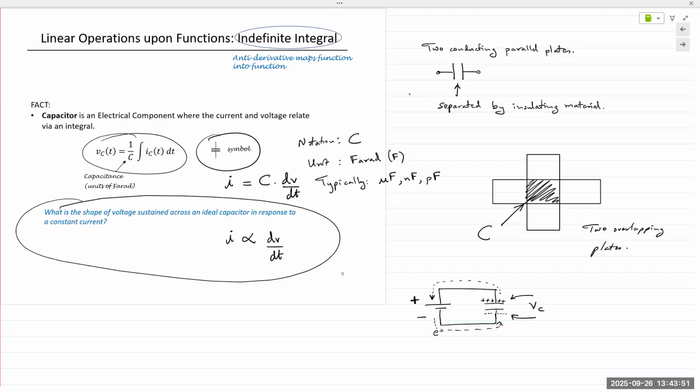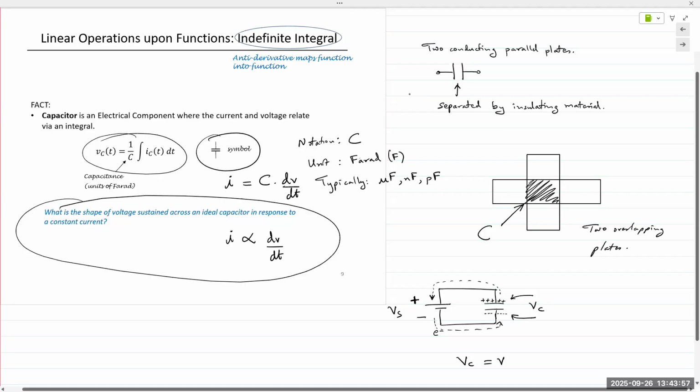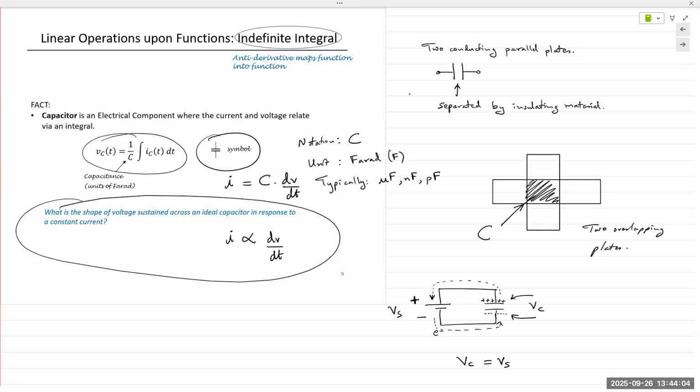Yes, so the process stops when the capacitor voltage VC equals the source voltage Vs. There's no more charge imbalance, and because there is no more charge imbalance, that transfer stops. So if Vs is a DC source, mathematically, you tell me what happens.